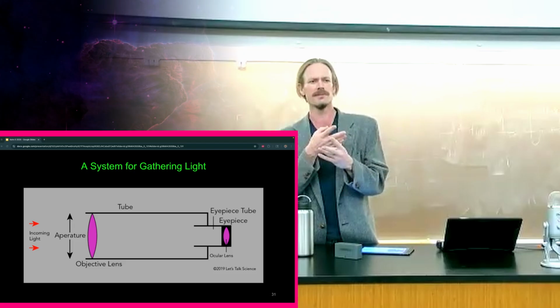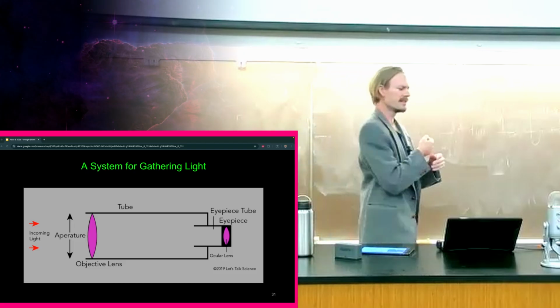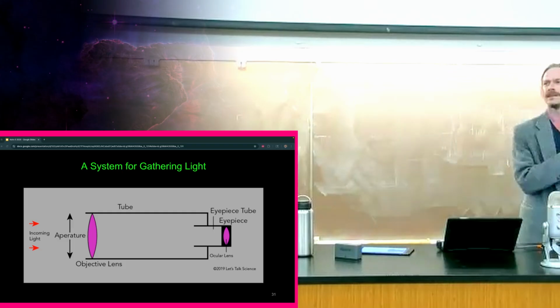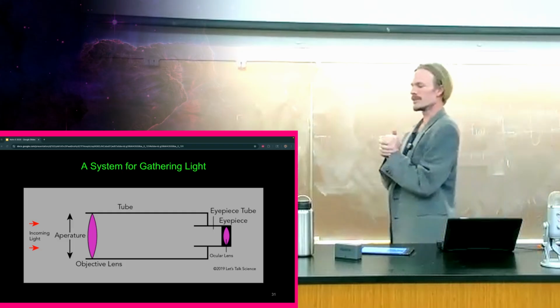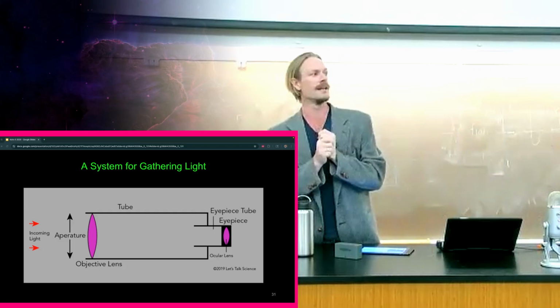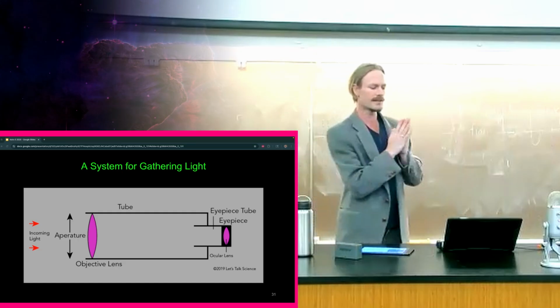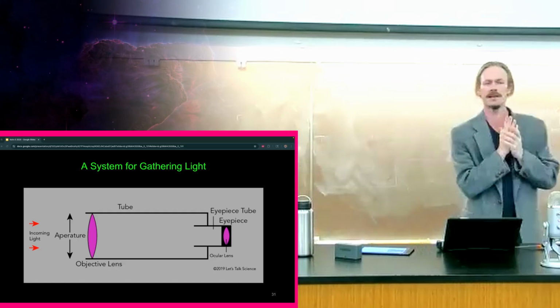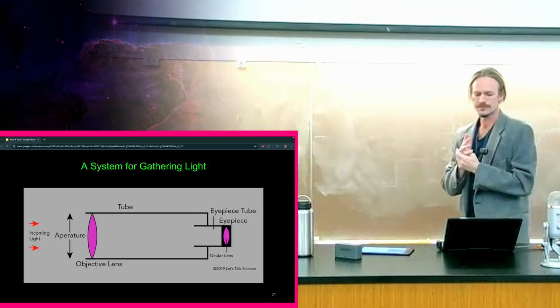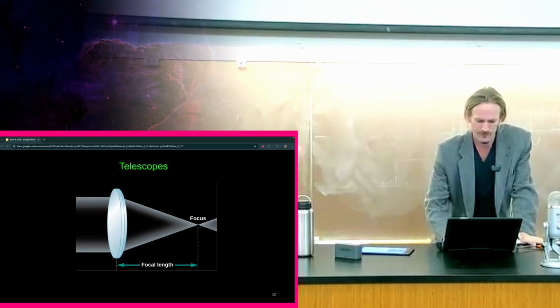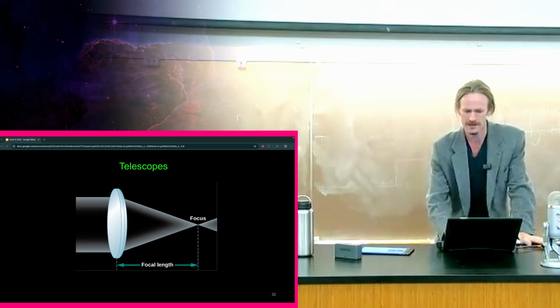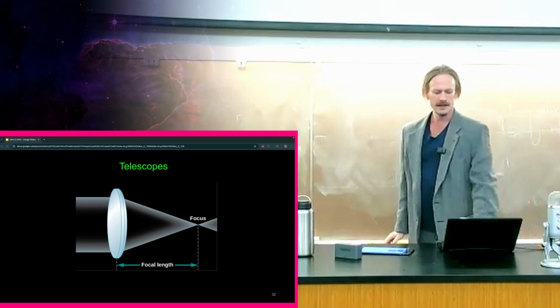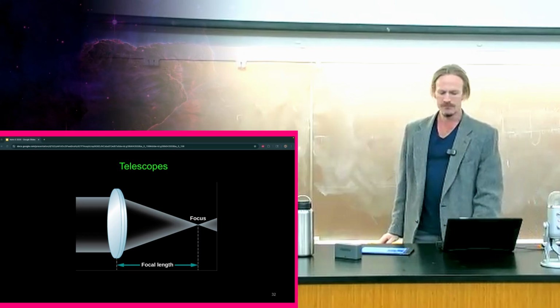People had lenses for several hundred years, and then one day somebody decided to put them in a straight line together, and voila, the telescope. So the most simple kind of telescope we can imagine is this refracting telescope. It doesn't really matter how it works since we're not going to be using them.